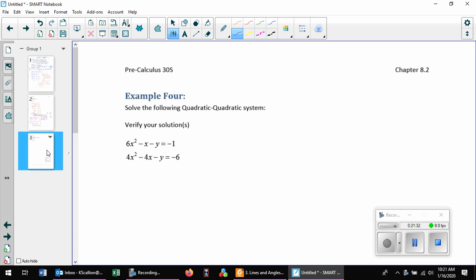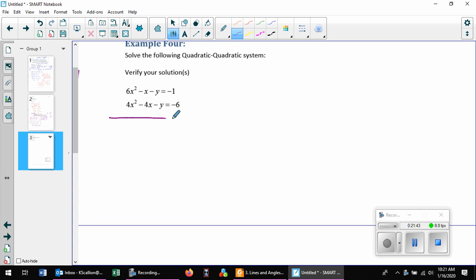Okay, so this one's a quadratic system. Again, with a quadratic solution, if I eliminate the x squares, or if I substitute in for the x squares, rearrange the equation to x squares, I'm going to be left with something like x plus y or x minus y equals a constant.